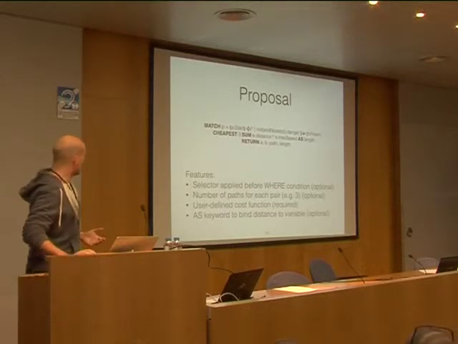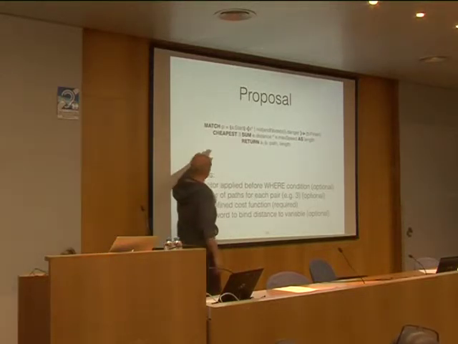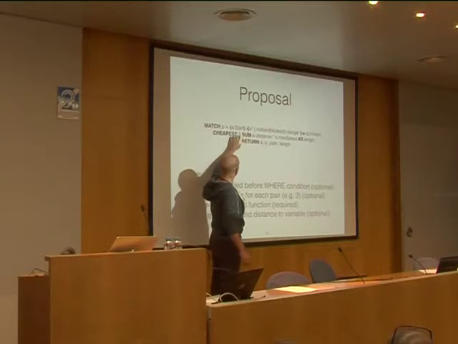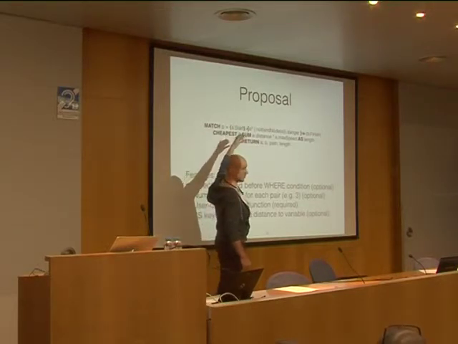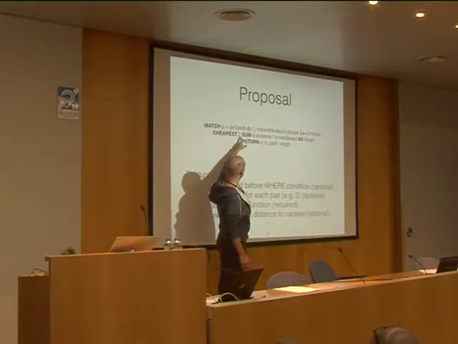The second thing to notice, and the most important part, is that you express the cheapest, if you want the cheapest of the shortest paths. In this case, it's the n of top n.